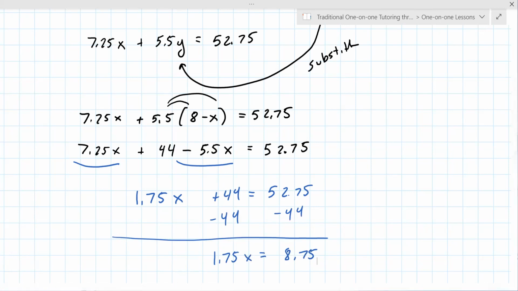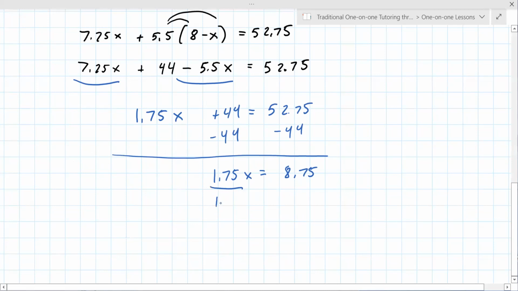And hopefully this works out. And it does. So when you divide both sides by 1.75, you get x equals 5.